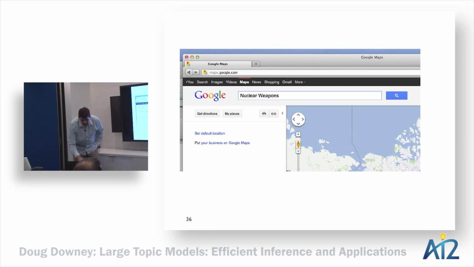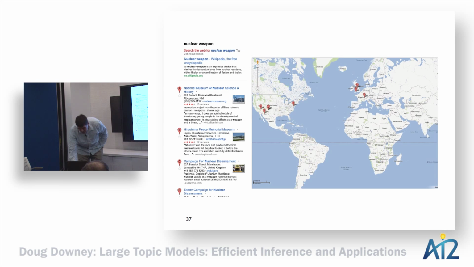Now, it'd be great to be able to visualize this kind of information for arbitrary queries, right? So if I just want to know, tell me about nuclear weapons, how is that related to different places on the map? With existing tools, I can't really do this that well. If I go to Google Maps, and this is a little bit stale, it might be better now, you ask for nuclear weapons, you get a handful of places. They're relevant, but you're missing a bunch of stuff, right?